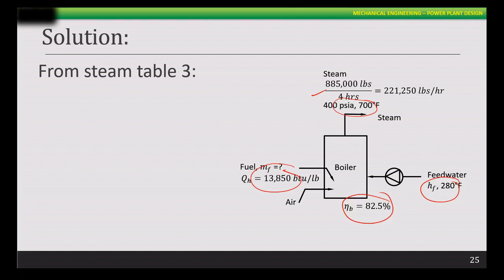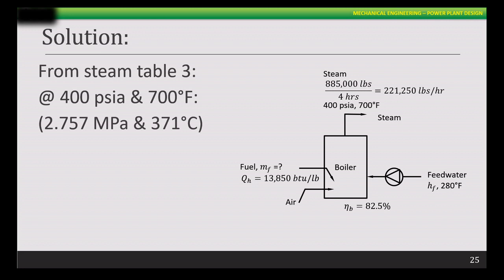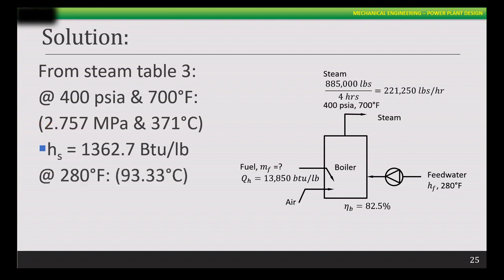We need to find the mass of fuel used in this example. We can get the enthalpy of the steam because we're given the pressure and other conditions. At 280 degrees Fahrenheit, we have HF at 249.1 BTU per pound.